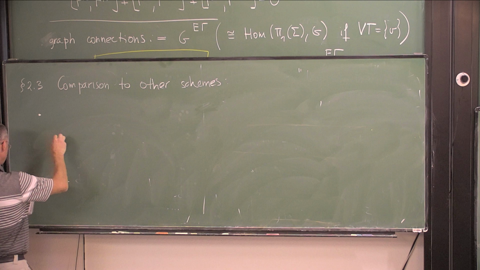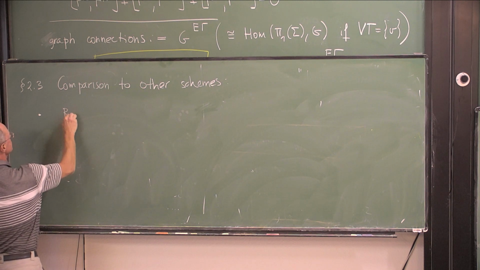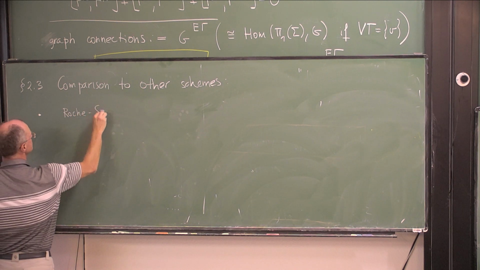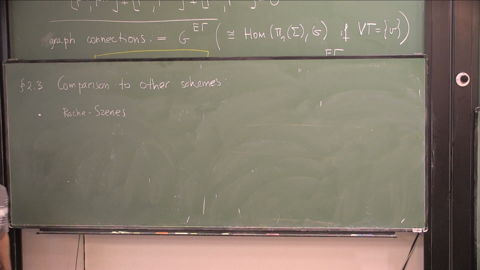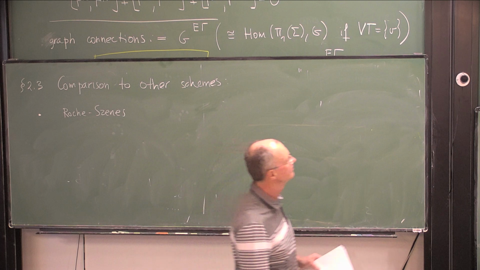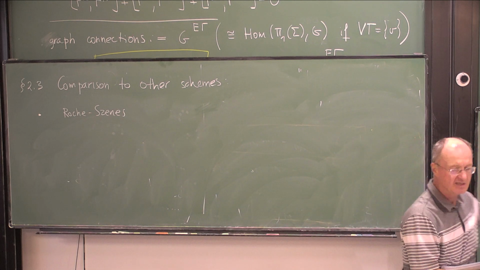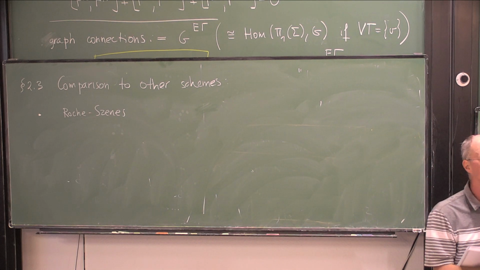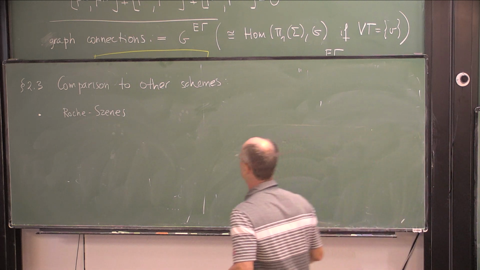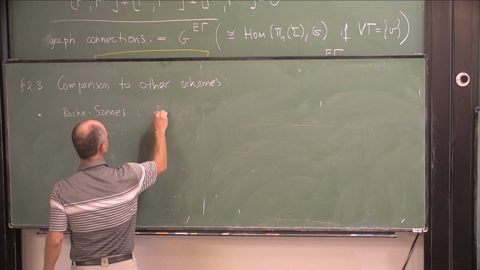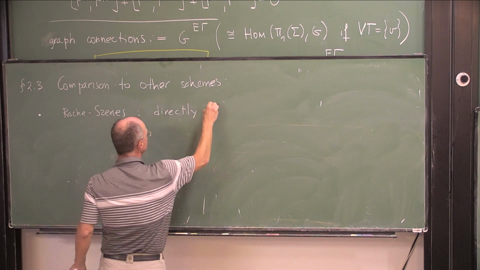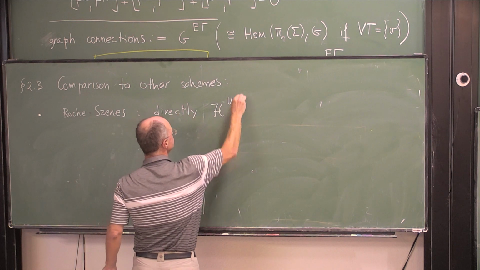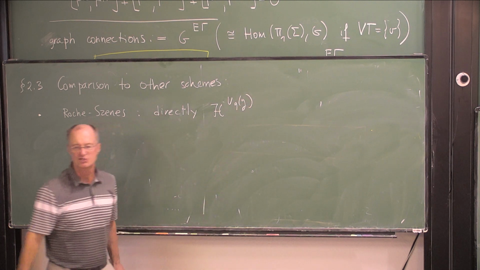So there is a story due to Roche and Senesh, and I think they're also using four-crossly as a starting point, but they're working directly with this gadget.